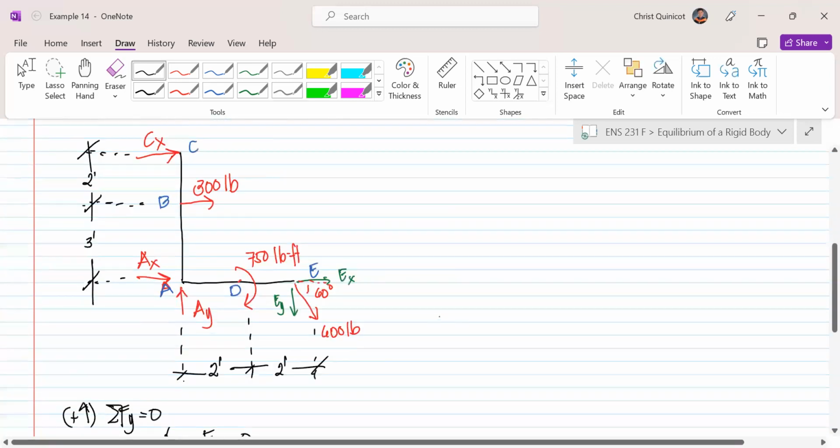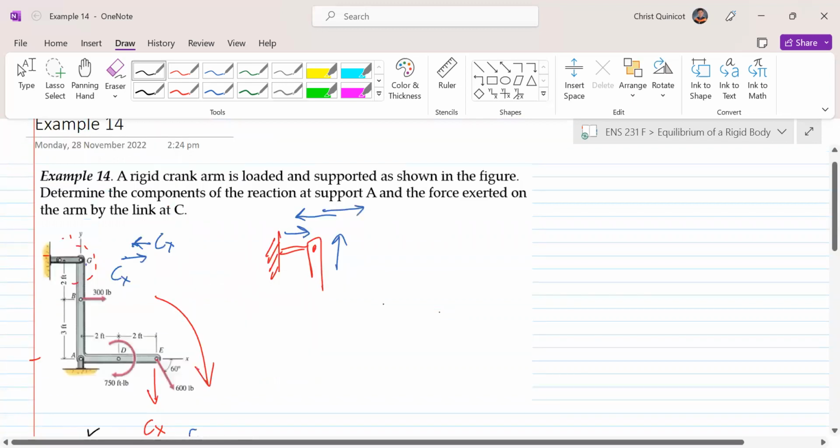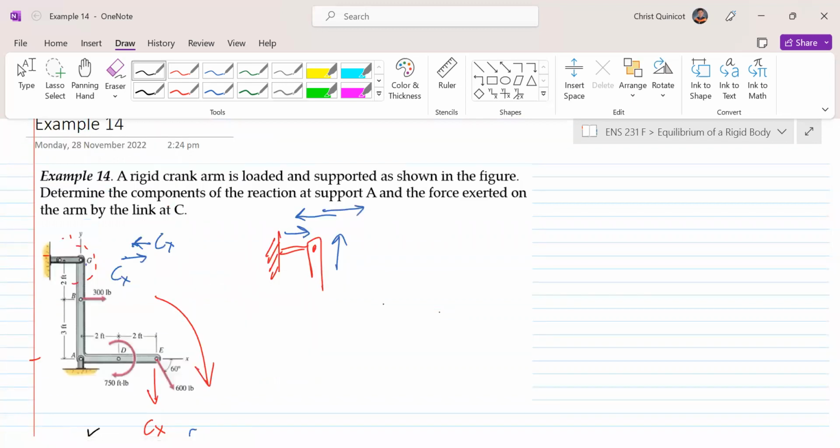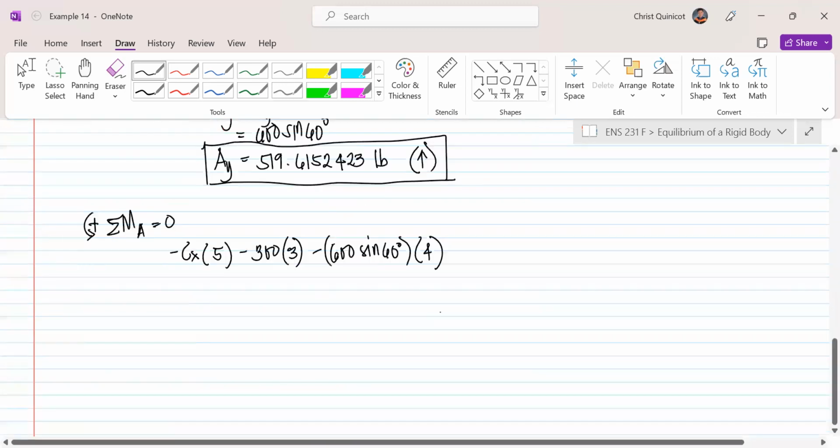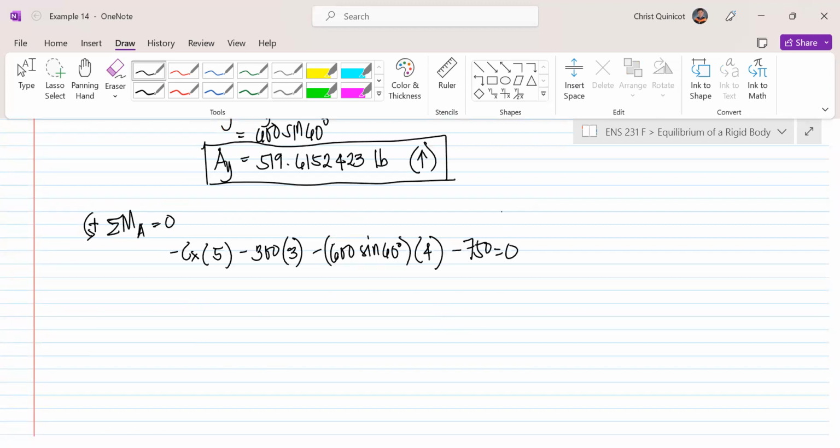And then our 750 pounds is a clockwise couple moment. So that is minus 750, and the sum is equal to 0.